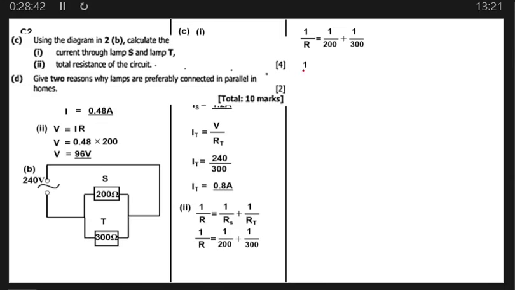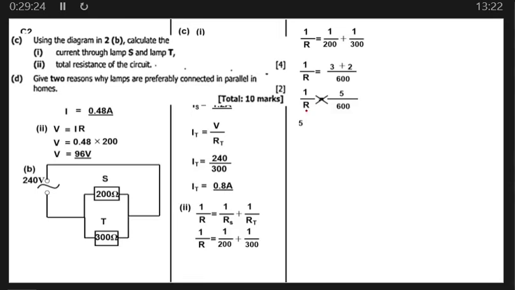So 1 over R is equal to, the common denominator is 600. 600 divided by 200 is 3, times 1 is 3, plus 600 divided by 300 is 2, times 1 is 2. Then we add 3 plus 2, which will be equal to 5 over 600. Then we'll make R the subject of the formula by cross multiplication.